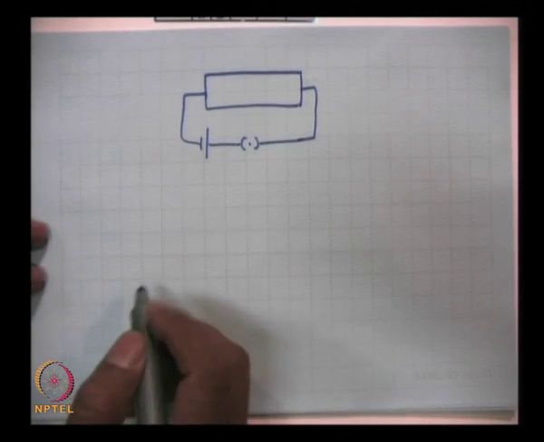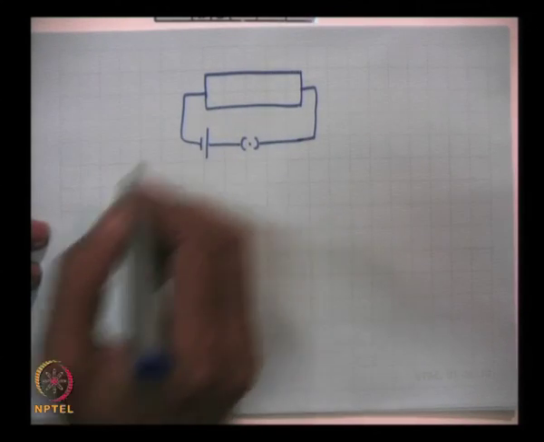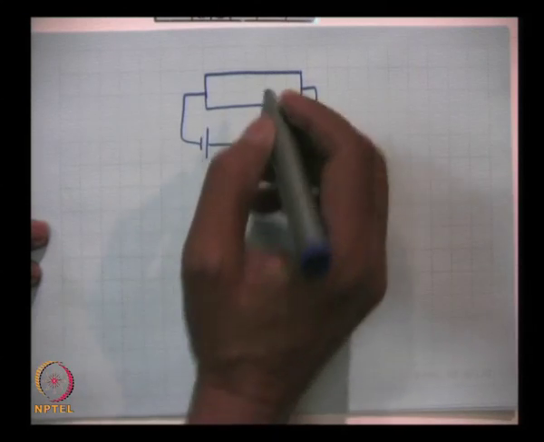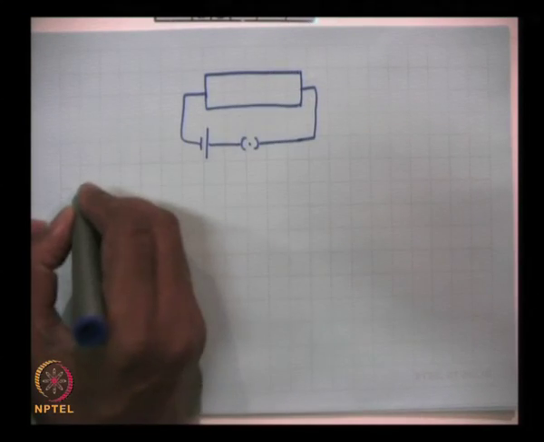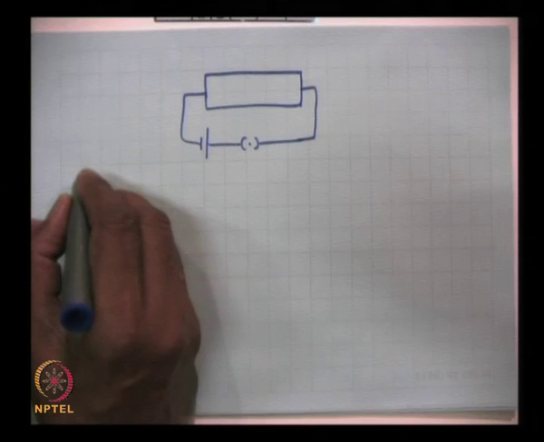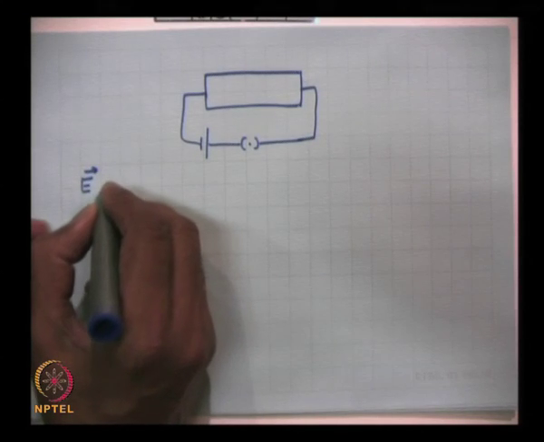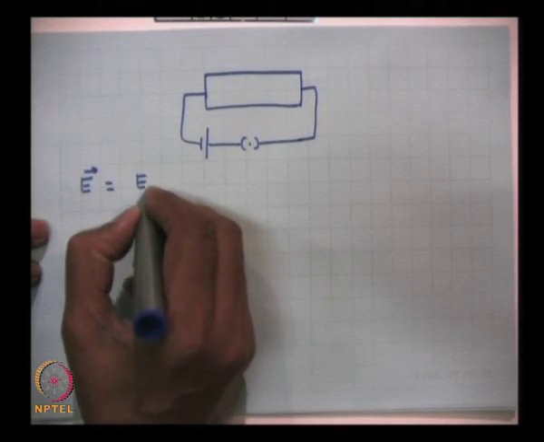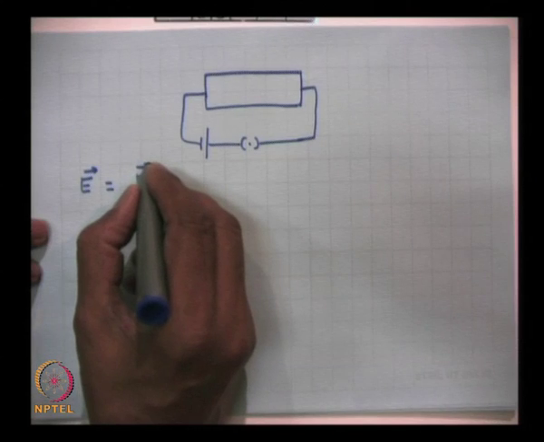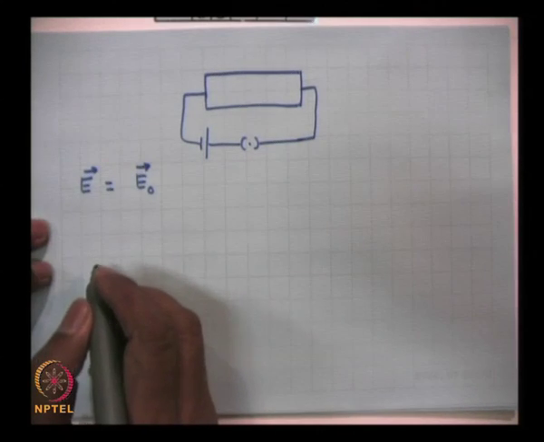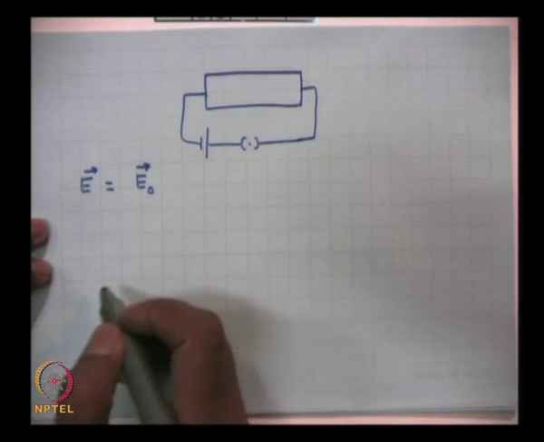So, if I want to understand the response of electrons to this DC electric field, let me consider the electric field in the system to be, say, E0, the DC electric field I will designate as E0, and the plasma is collisional.